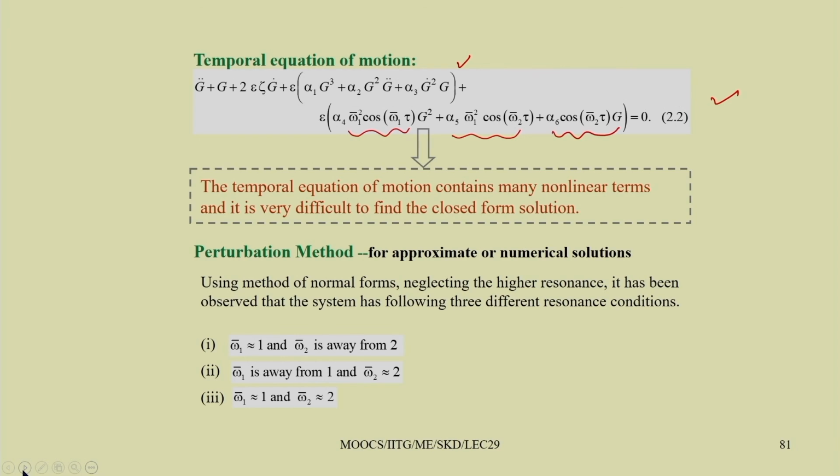So, in the first case one can take omega 1 bar, that is the base excitation, nearly equal to 1, but omega 2 is away from 2, so due to this axial loading there is no resonance condition. In the second case omega 1 bar is away from 1 and omega 2 bar is taken nearly equal to 2, and in the third case omega 1 bar equal to 1 and omega 2 bar nearly equal to 2.